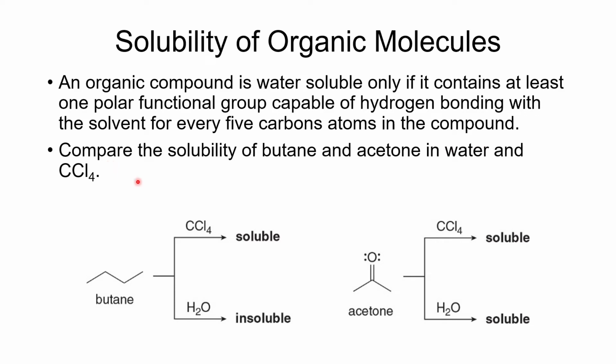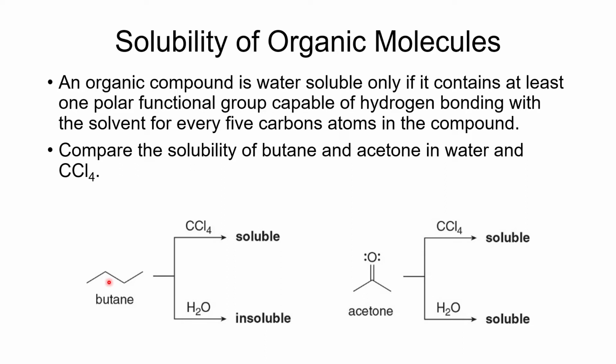We can compare the solubility of butane and acetone in water and carbon tetrachloride. So butane is nonpolar, and when we put it into carbon tetrachloride, which is also nonpolar, it's swimmingly soluble. They're completely miscible. Miscible, by the way, means 2 liquids are miscible if they can dissolve with each other in any ratio.